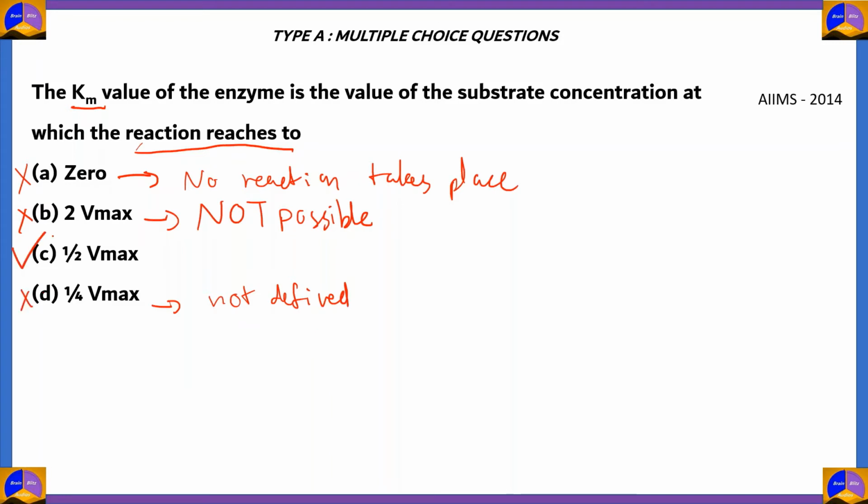The right answer is option C, half Vmax. In the graph, whenever an enzyme reaches Vmax, this point is half Vmax, and the substrate concentration when the rate reaches half Vmax is known as the Michaelis constant, that is Km.